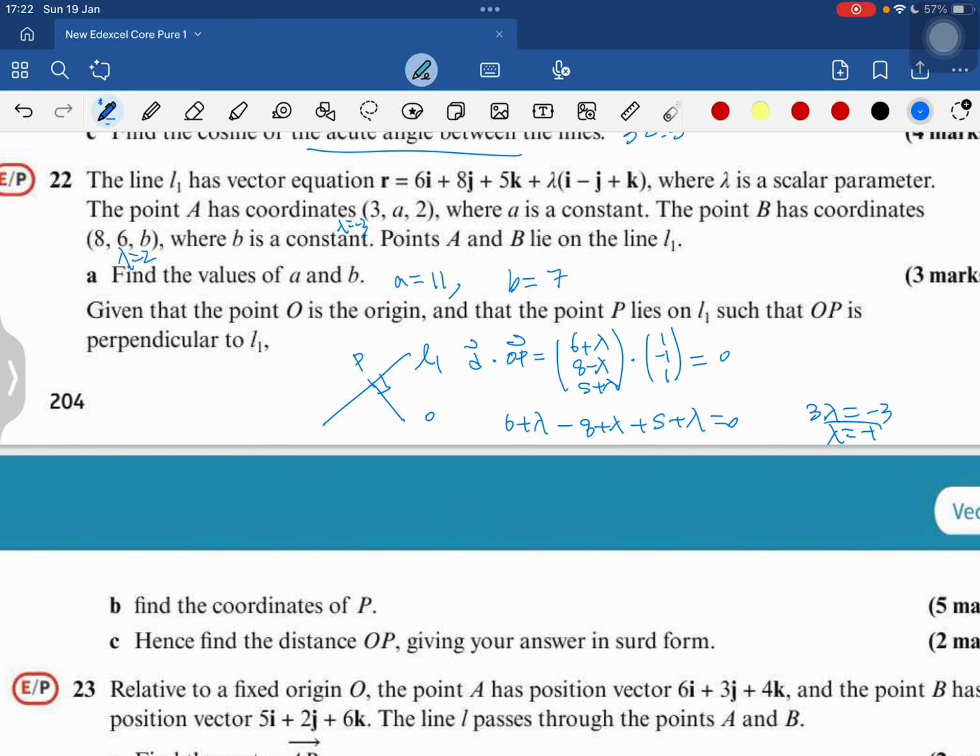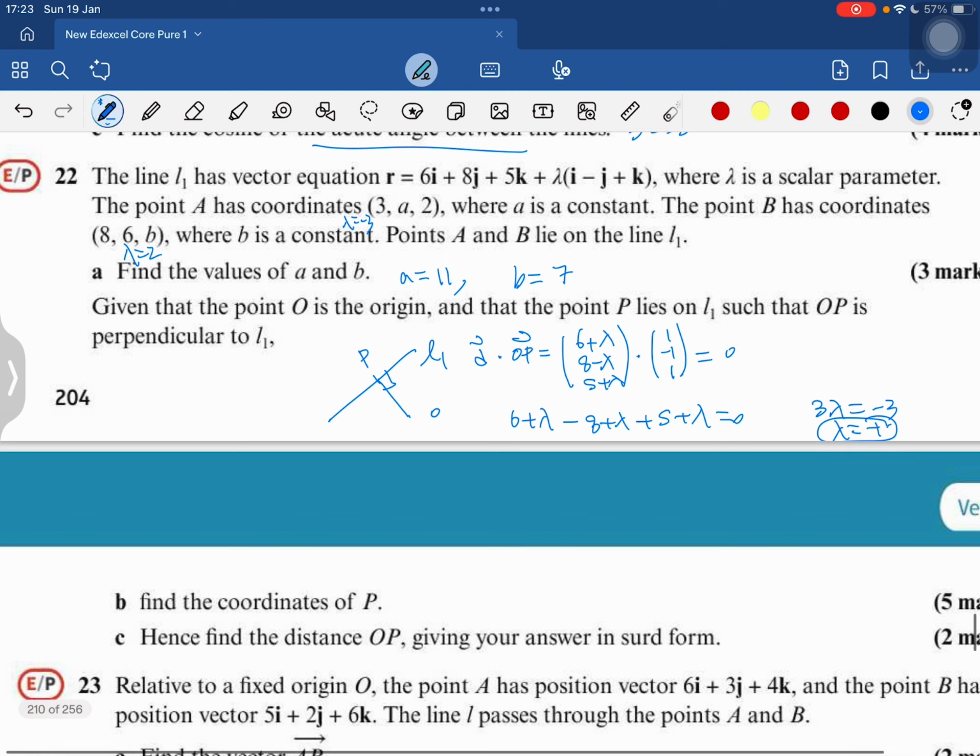Lambda becomes negative 1. So when lambda equals negative 1, P equals 5, 9, 4.